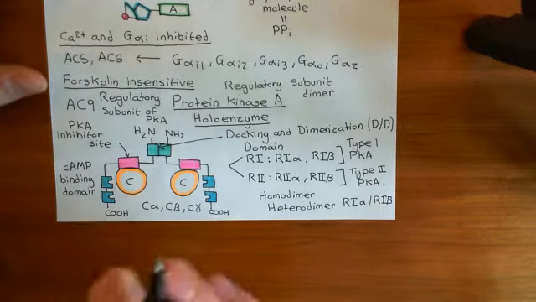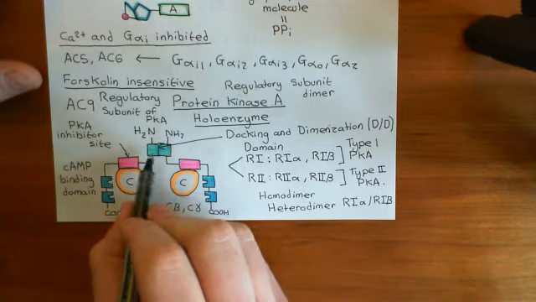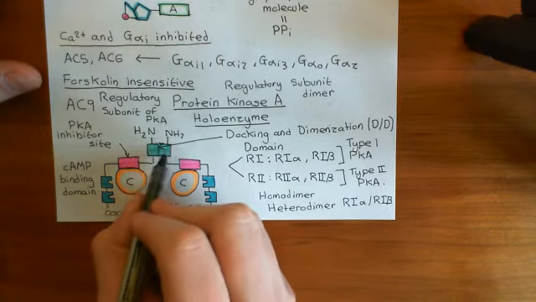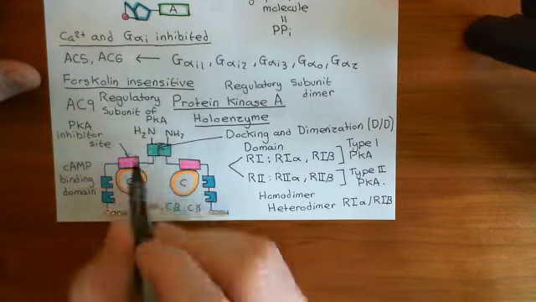Okay, now the reason for this is that the docking and dimerization domains of type 2 regulatory subunits bind to proteins known as ACAPs. Okay, and I'll come on to this on another piece of paper. Okay, right.